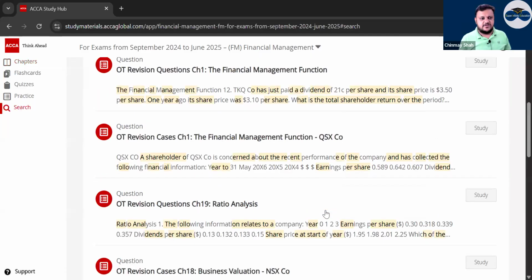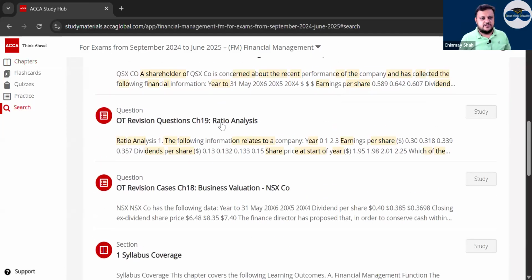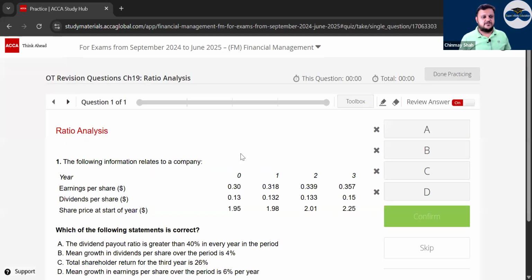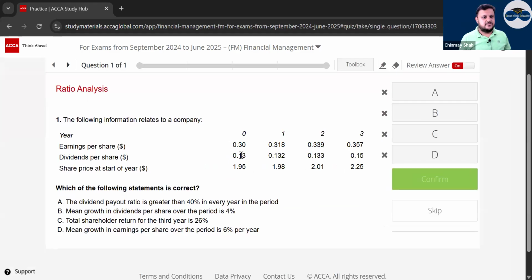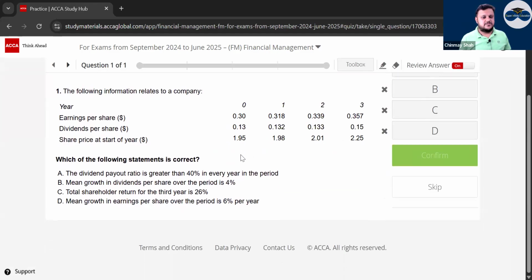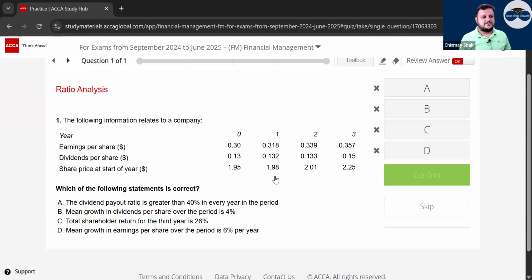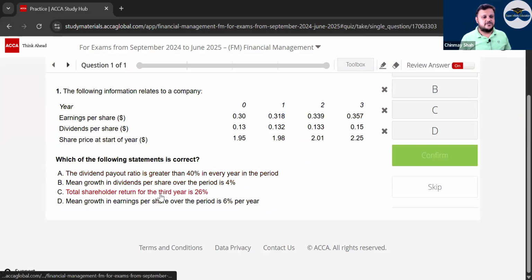Is there total shareholder return? Ratio analysis, the following: earnings per share, dividend per share. One minute, it will have all this. Yes, come here.